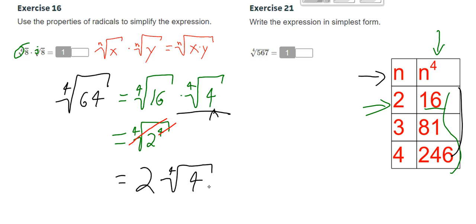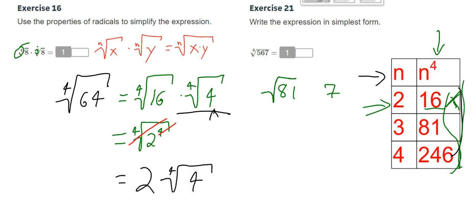Now looking at the fourth root of 567, again I'm looking for numbers from the table that go into 567. Using my calculator, I divide by 16, and that doesn't work. When I divide by 81, I see that 81 times 7 is 567.